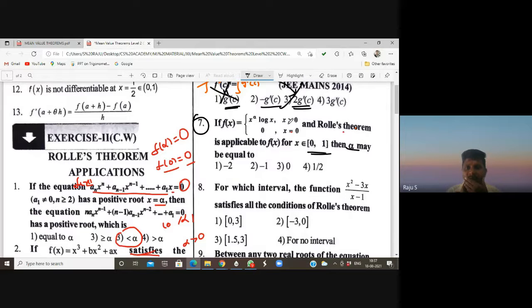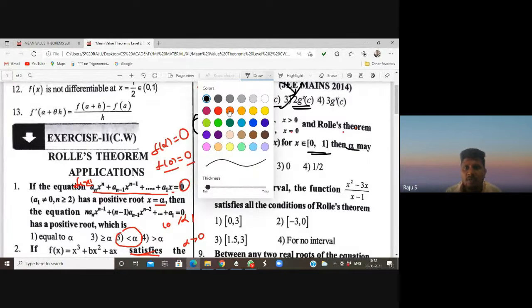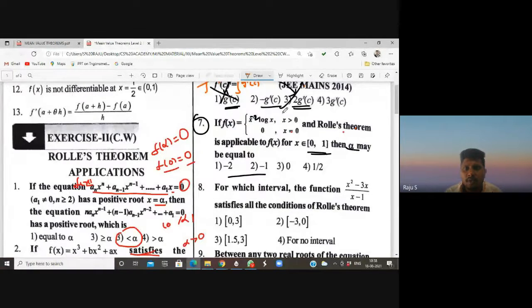Okay, x is greater than 0. We require the alpha value. When I take alpha value as negative, for example, minus 2, x power minus 2 means 1 by x square log x.